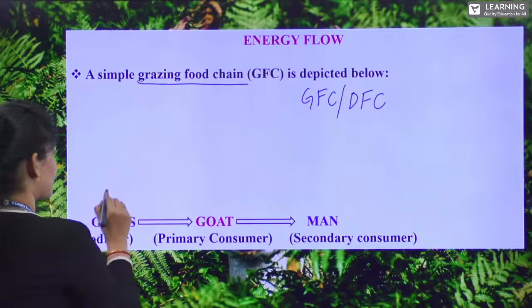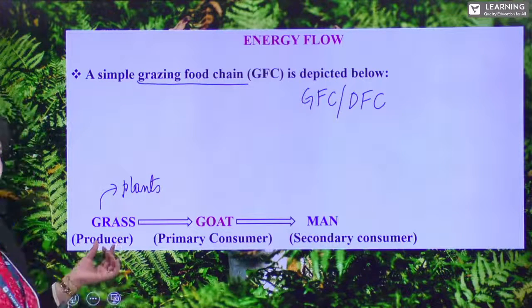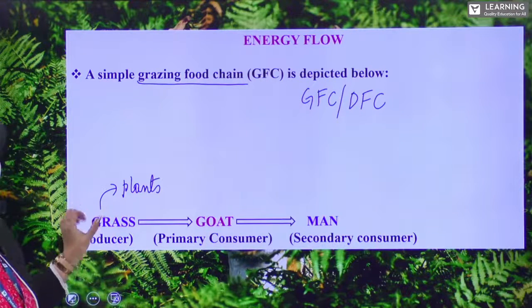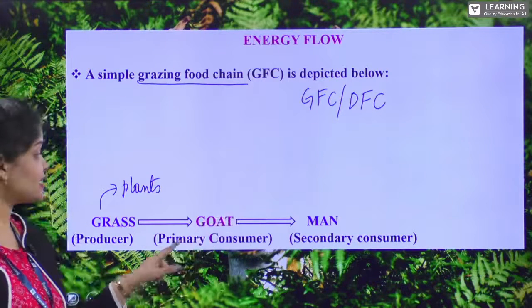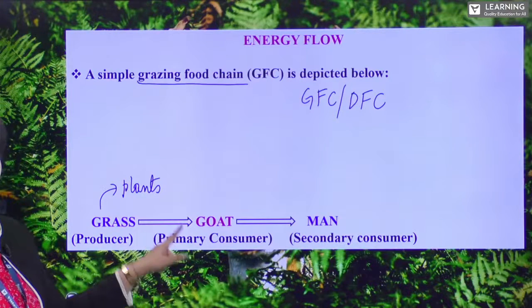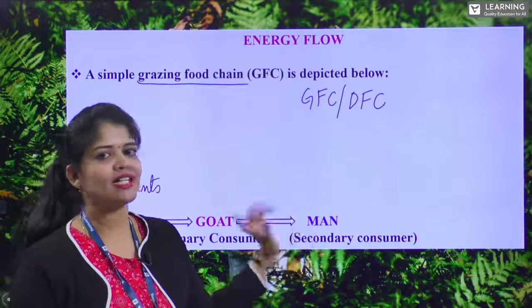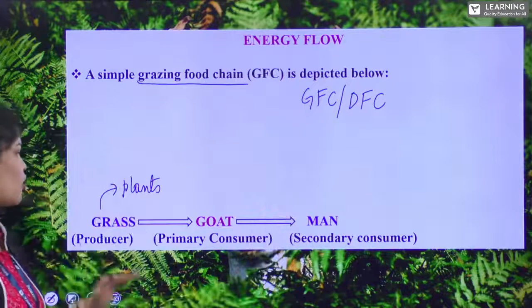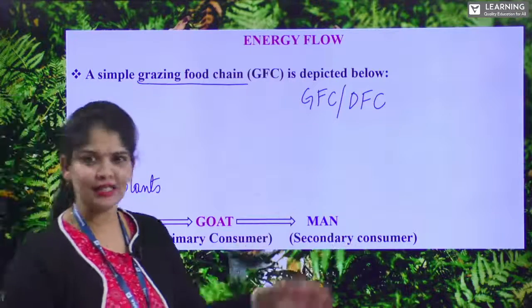It is a producer, right? The energy which has been fixed is transferred to the next trophic level, the primary consumer, that is the goat in this case. And this goat is eaten by the secondary consumer, that is man. So we can also say it as producer, herbivore, primary carnivore.